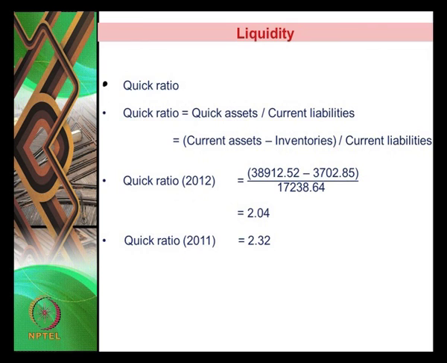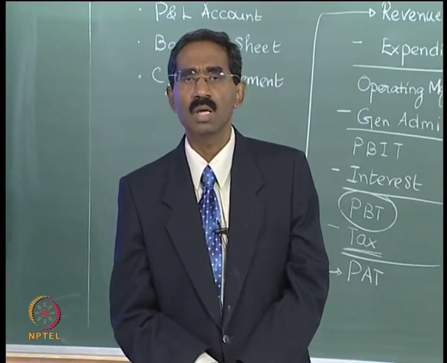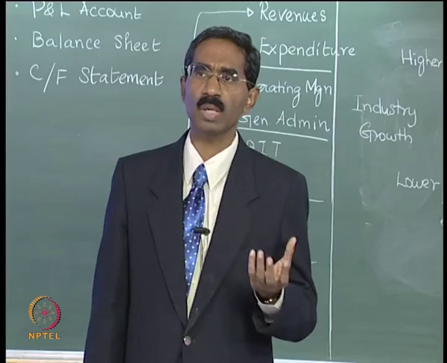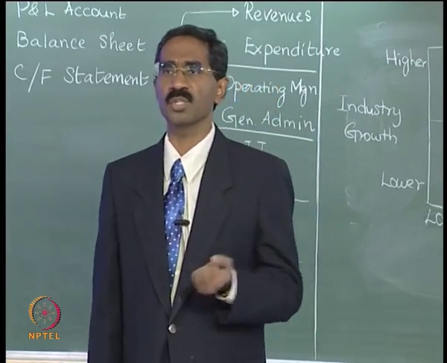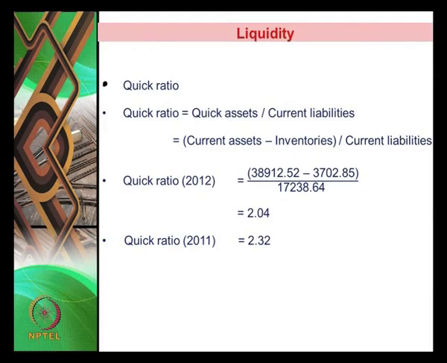So, the quick ratio turns out to be 2.04. As you may note, because we have removed inventories from the current assets, the quick ratio is a lower number as compared to the current ratio. The quick ratio for 2011 turns out to be 2.32.